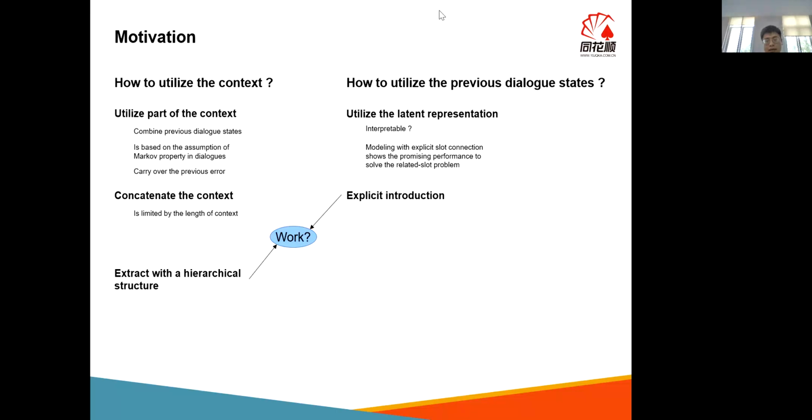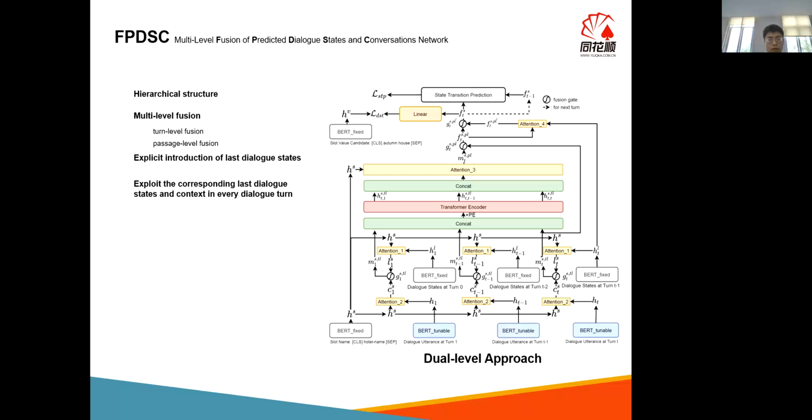It seems that extracting information from the context with a hierarchical structure, with the explicit introduction of the previous dialogue states, may be a good option. Besides, how to merge the information from the two sources is still a problem.